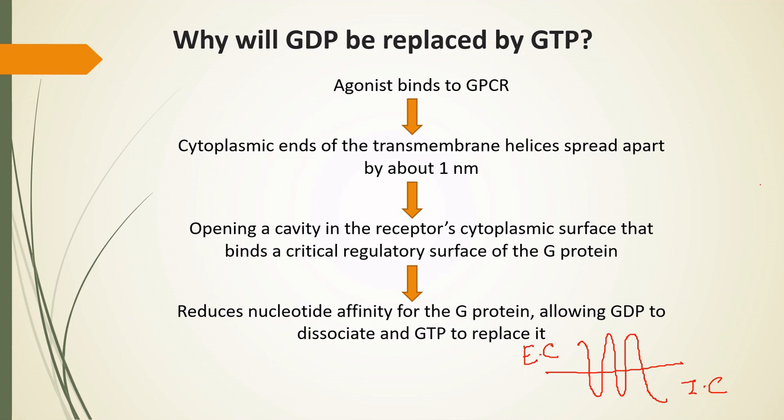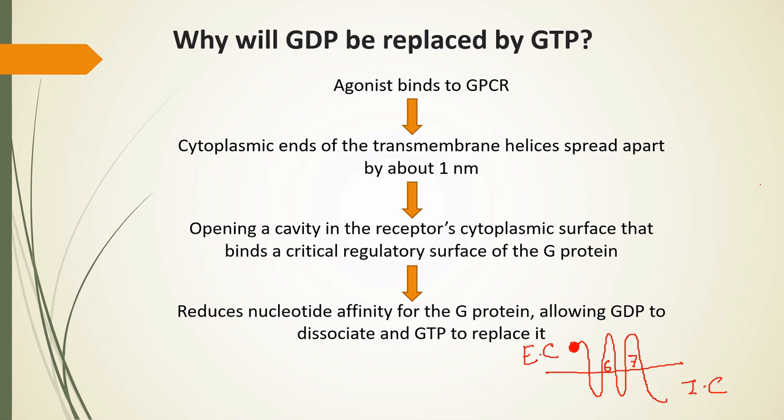In the extracytoplasmic phase, the agonist is getting bound. You have got 7 transmembrane helical structures. So let us suppose this is helical structure number 6.